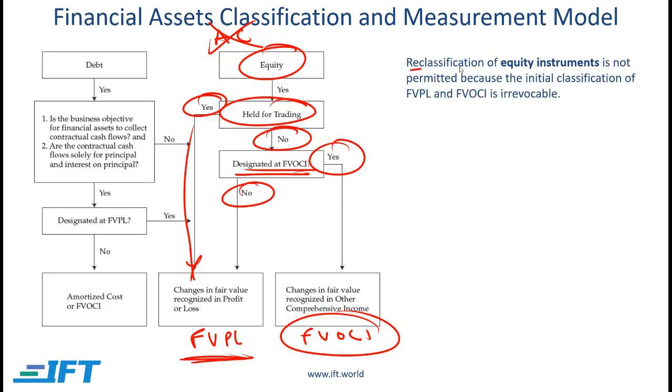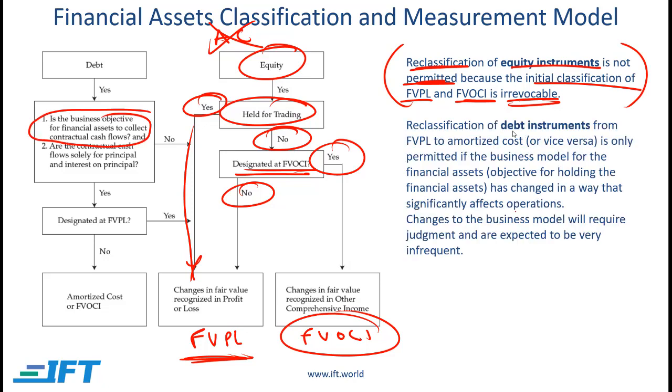Let's now talk about reclassification. With respect to equity instruments, reclassification is not permitted because the initial classification of FVPL and FVOCI is irrevocable. So this is fairly straightforward. With equity instruments, we cannot do any reclassification. With respect to debt instruments, reclassification from FVPL to amortized cost is only permitted if the business model for the financial assets has changed in a way that significantly affects operations.